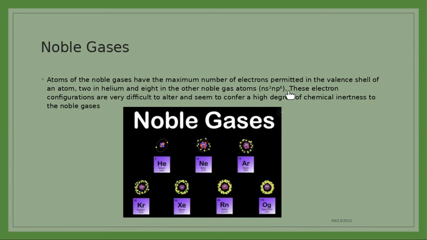The last shell's valence electron number is 2 only for helium atoms, and 8 for the other noble gas atoms. These electron configurations are very difficult to alter and seem to confer a high degree of chemical inertness to the noble gases. We will learn these electron configurations.